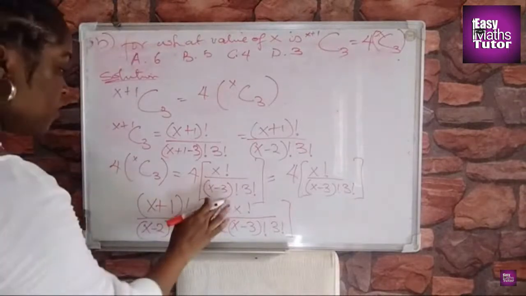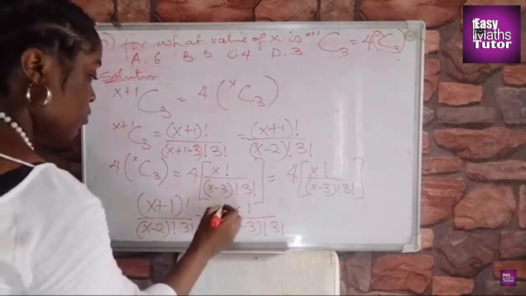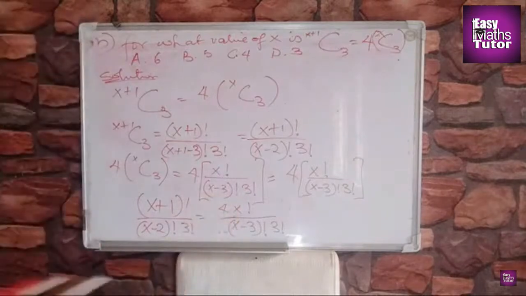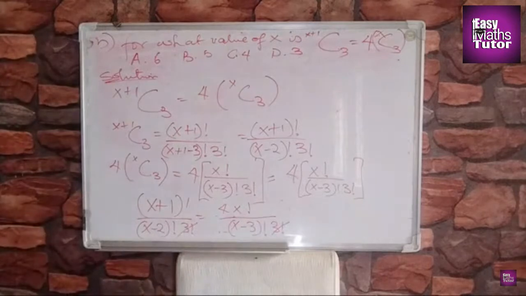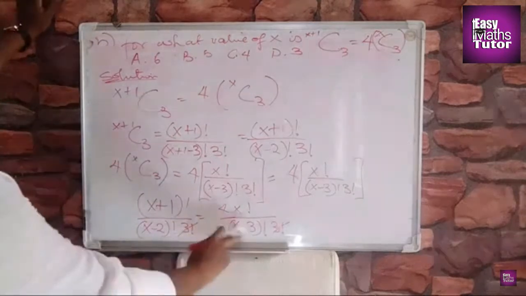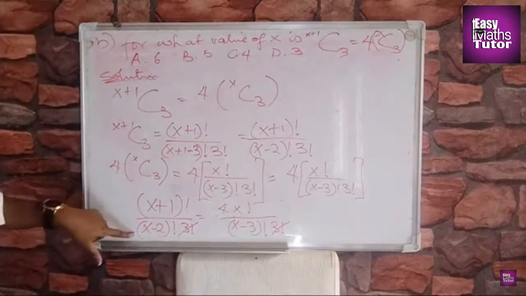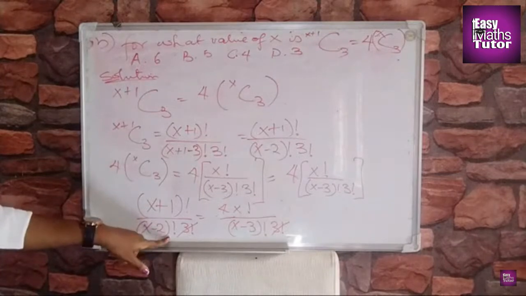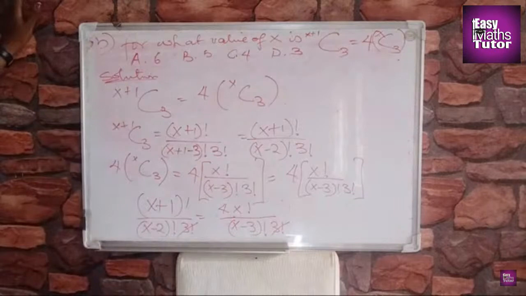So we can just easily remove these brackets. I will remove this bracket and put the 4 here. Okay, so this will cancel this. If we cancel this, it's leaving us with x minus 2 factorial over x minus 3 factorial.